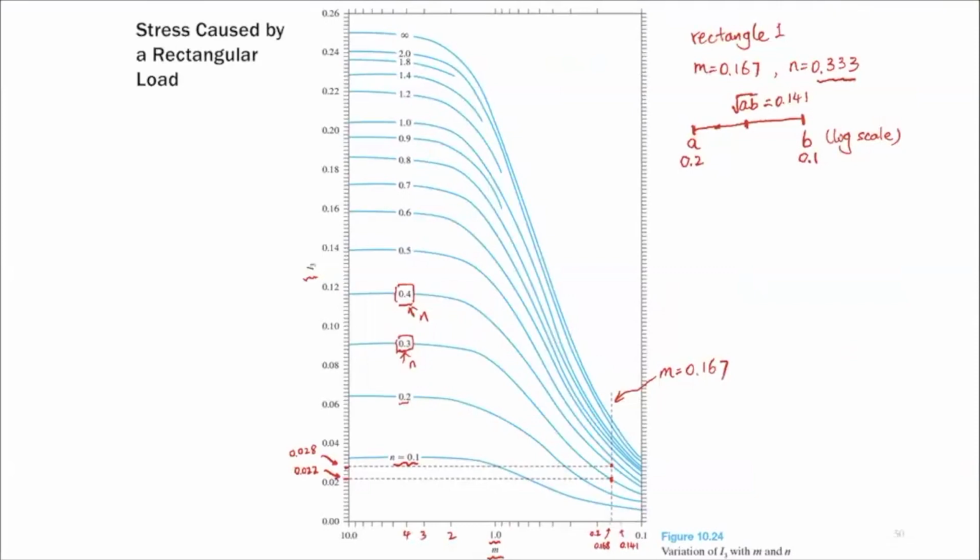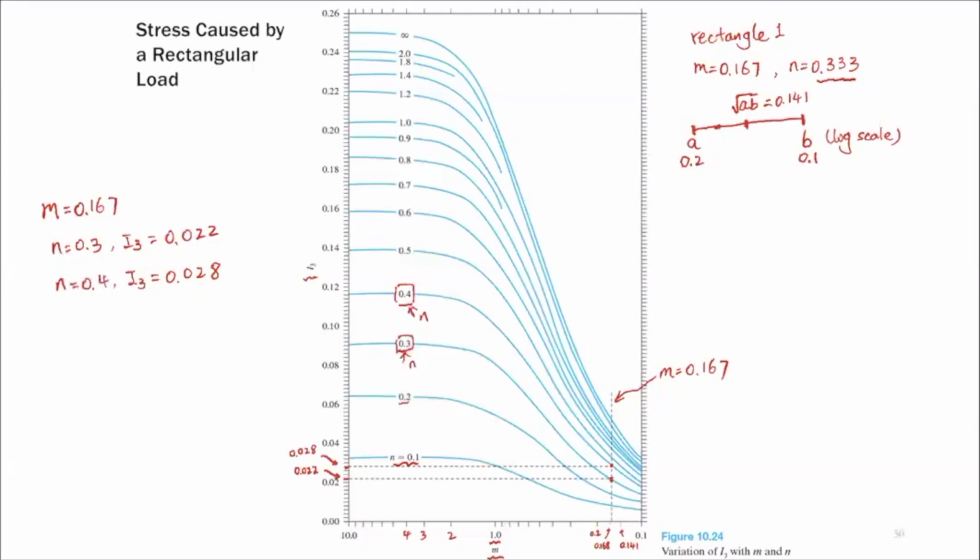So for m of 0.167 and n value of 0.3, we get an I3 value of 0.022. And for n value of 0.4, we get an I3 value of 0.028.